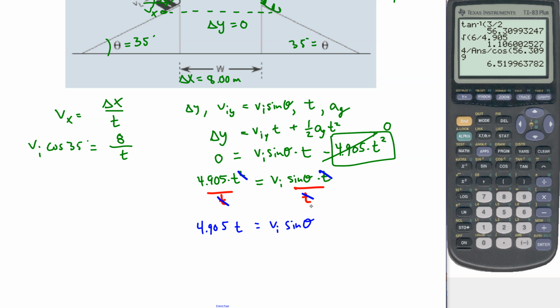And look at this. Let's isolate t. I'm being crafty. I multiply both sides by t, then I divide both sides by that. Got to get t out of the denominator.